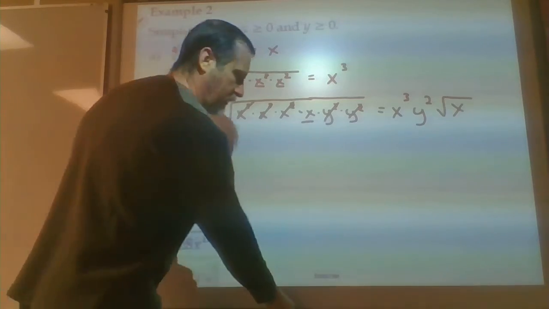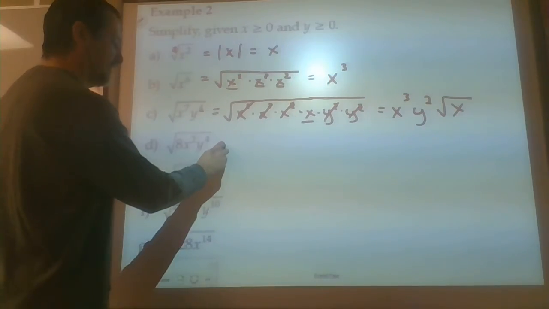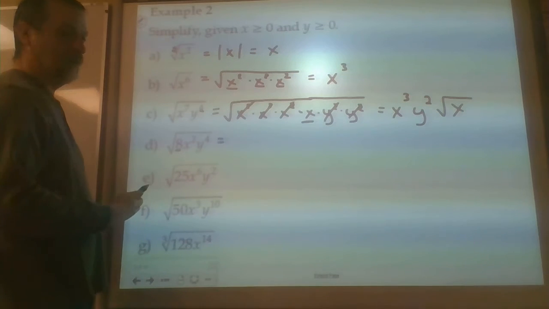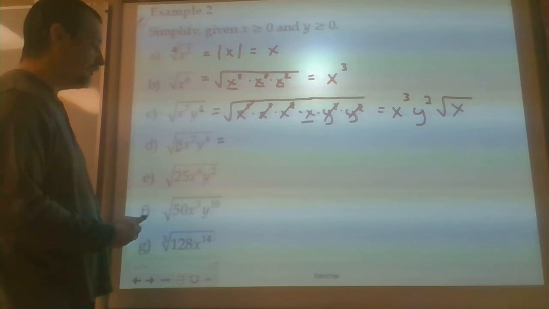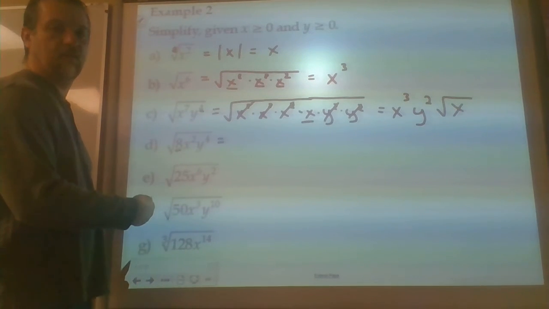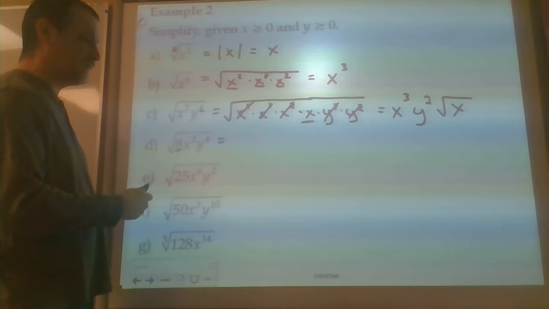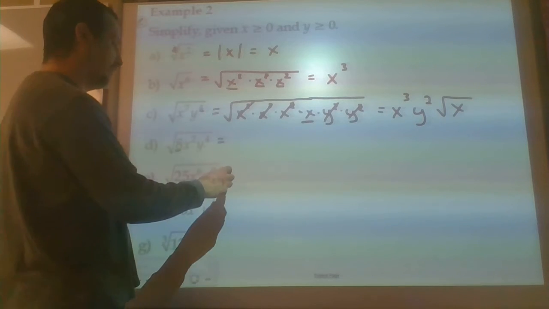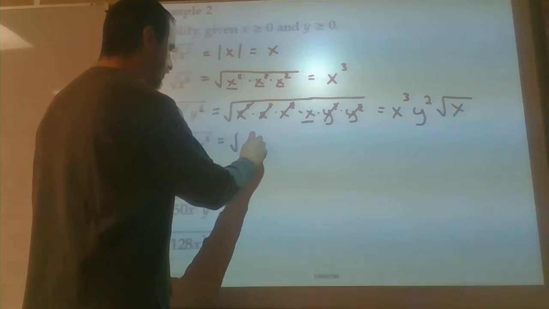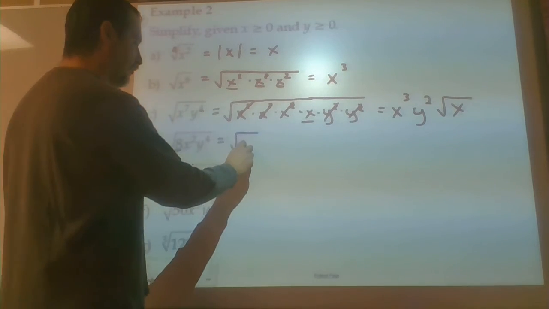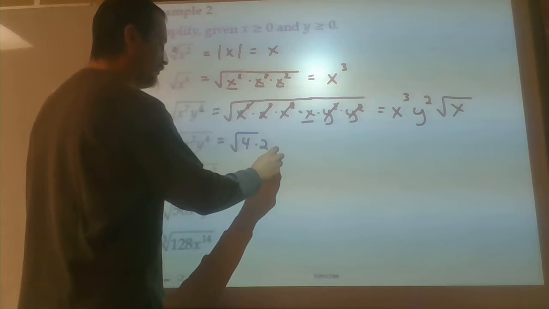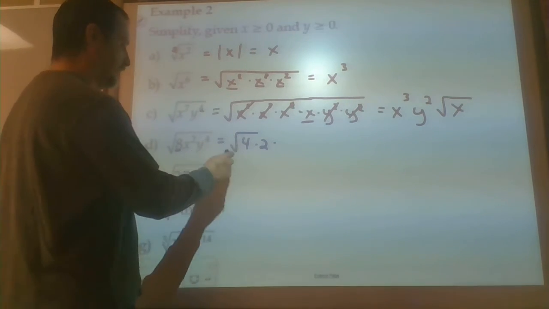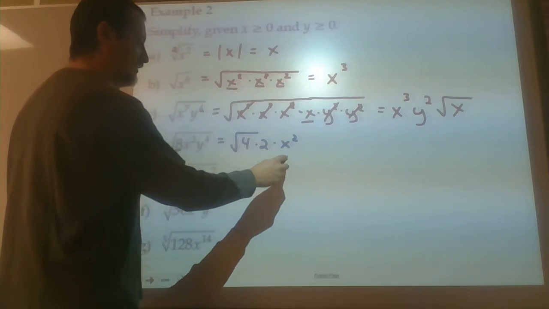And of course, they got to throw in some values here, so the same thing happens. If we have a coefficient in here, we can still work the same way we did with our previous examples: simplifying the coefficient, simplifying the variable. So this is going to turn to the square root of 4 times 2, x squared, I can leave it as such.